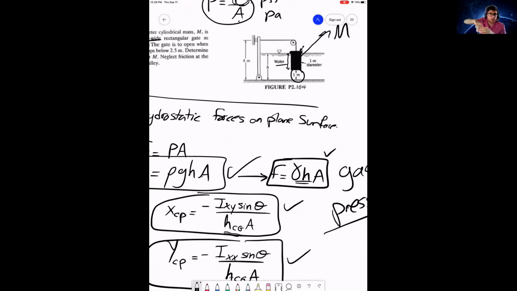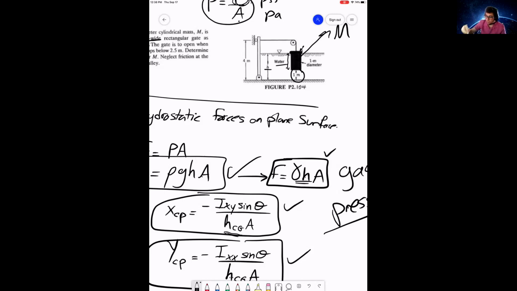The entire height of the gate is 4 meters, but only H is submerged into water. Right, it's not the entire height, it's just H of that gate, as you see in the picture.